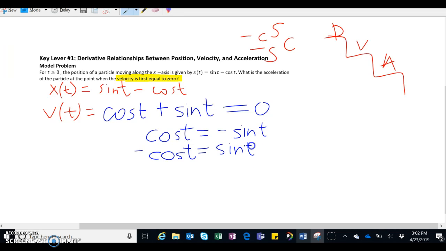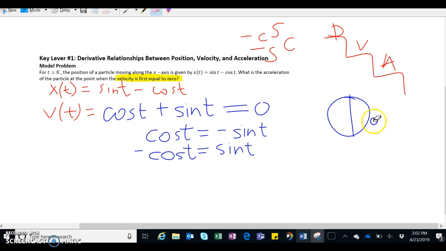We can put that negative on either side. So basically what this trig equation is asking me to think about is where on my unit circle my cosine and sine have opposite values. That's the way I think about that.